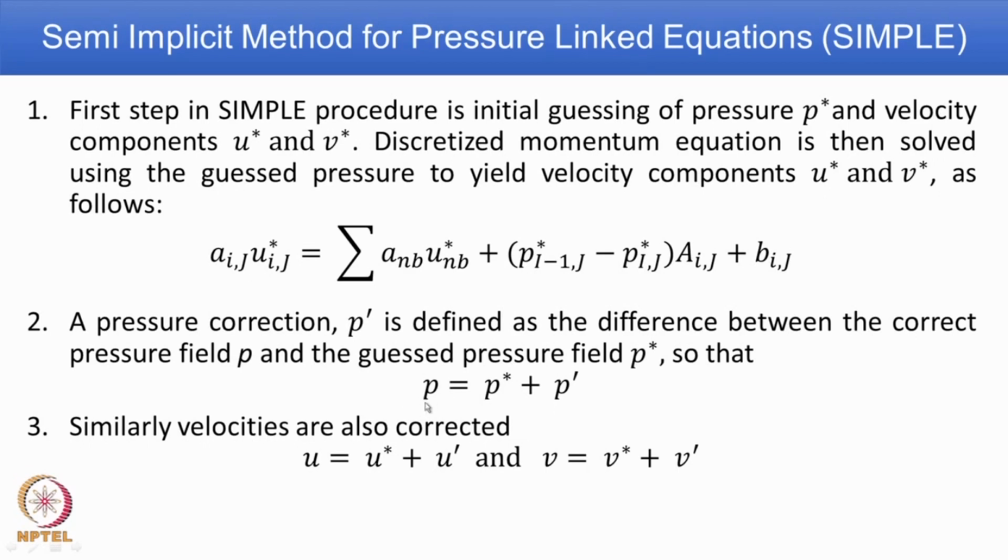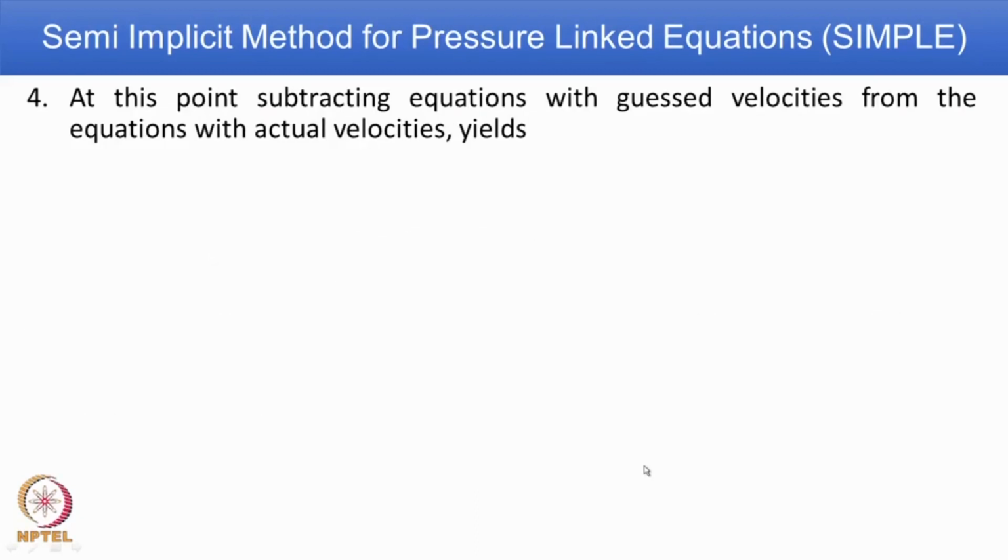Actual pressure is P, guess pressure is P star, correction pressure is P prime. If you add the correction pressure to the guess pressure, that results in the correct pressure field. We follow a similar procedure for the velocity component. So, U star is the guess velocity and U prime is the correction in velocity. If you add them together, you get the correct velocity field. Similarly for the other component of velocity.